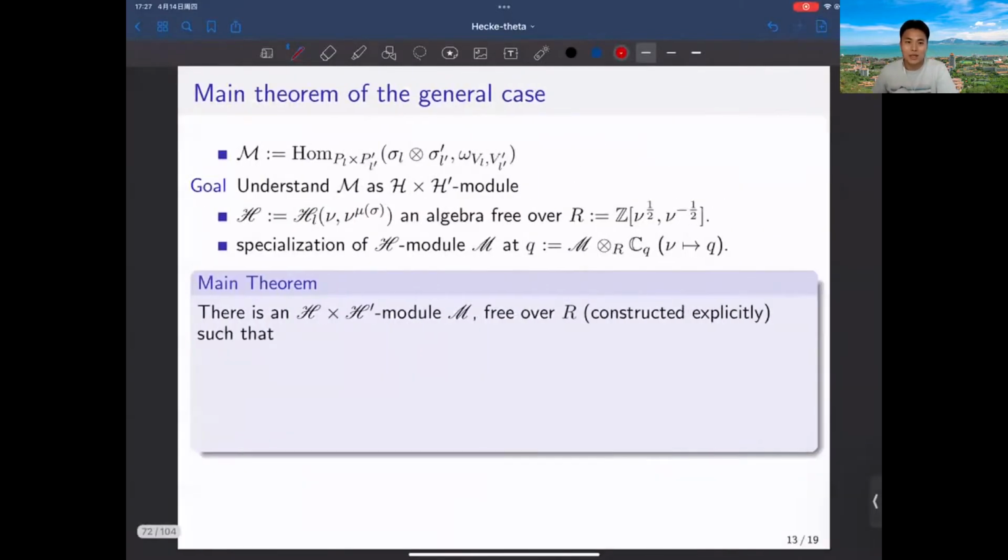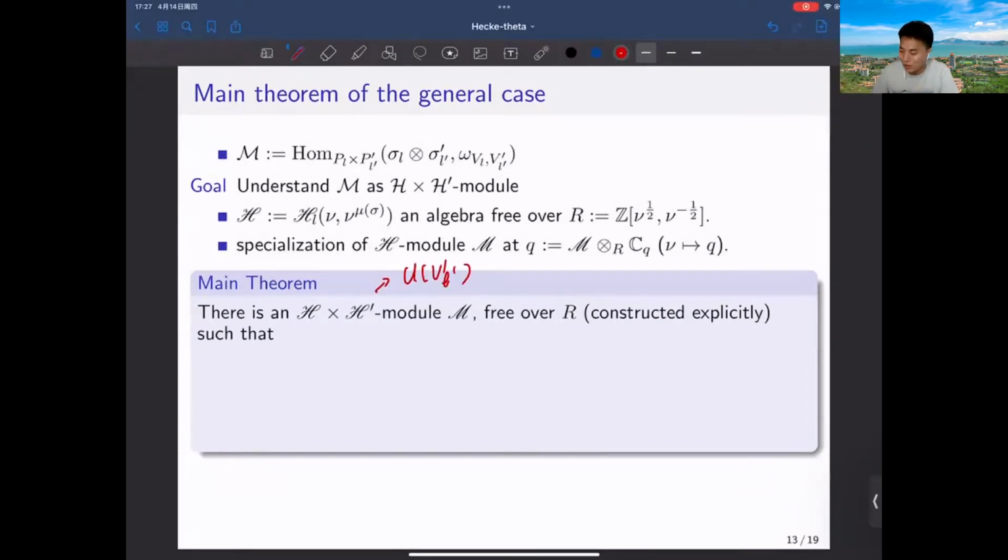So our main result is that you will actually have H times H prime, where H prime is the notion for this generic Hecke algebra. So this is corresponding to U L prime L V prime L prime.